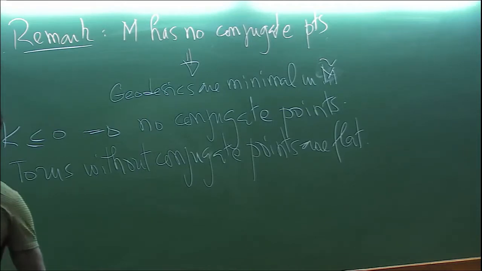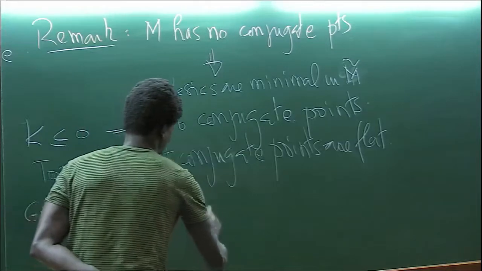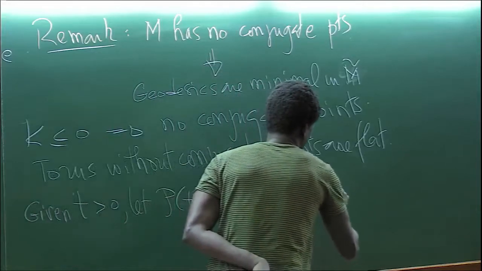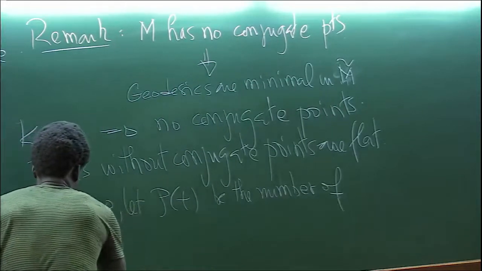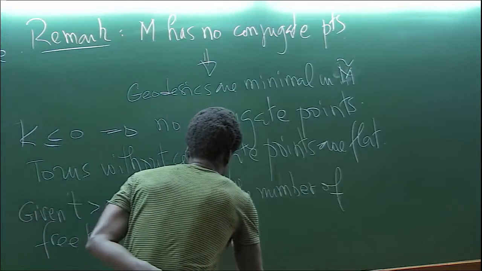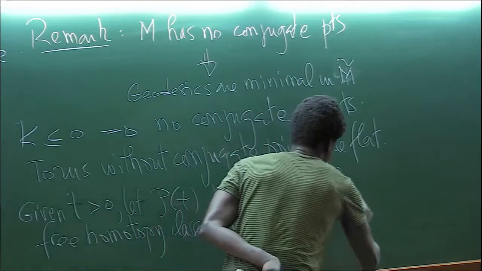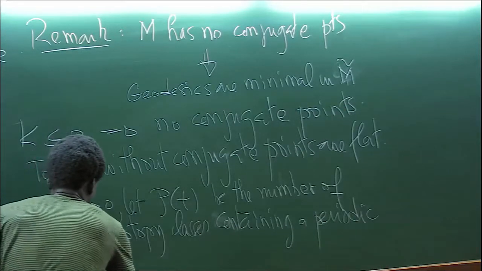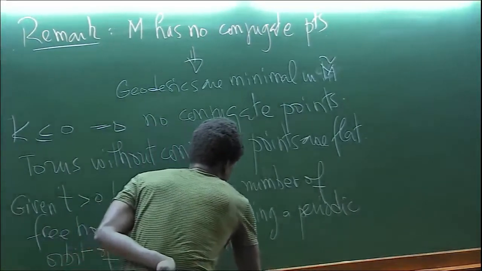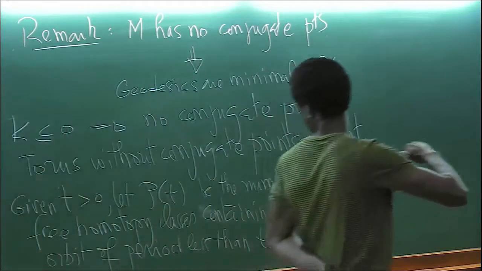Given T positive, you let PT be the number of free homotopy classes containing a periodic orbit of period less than T. So PT is the number of free homotopy classes that contain a periodic orbit, a closed geodesic.